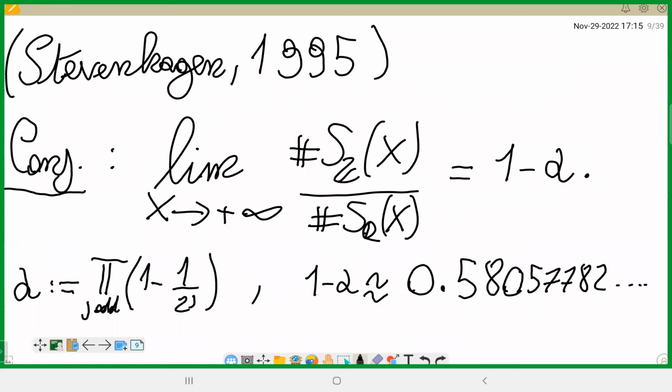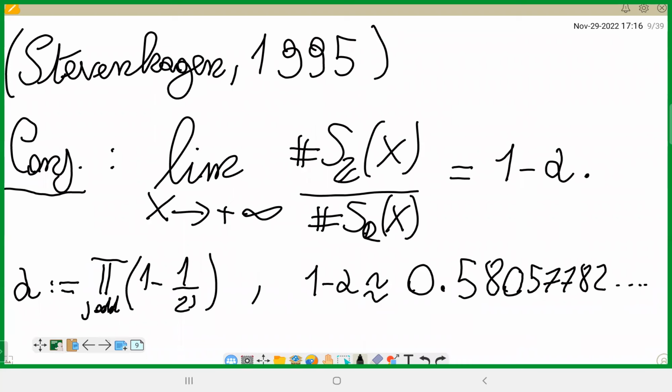And despite its weird looking shape, Stevenhagen's conjecture actually came with a fairly sound heuristic behind it. And I will say more about this heuristic when I introduce more things about SZX and how to verify that something is in SZX. But somehow the heuristic behind this weird looking number was fairly convincing, and also the numerical data fit quite well.